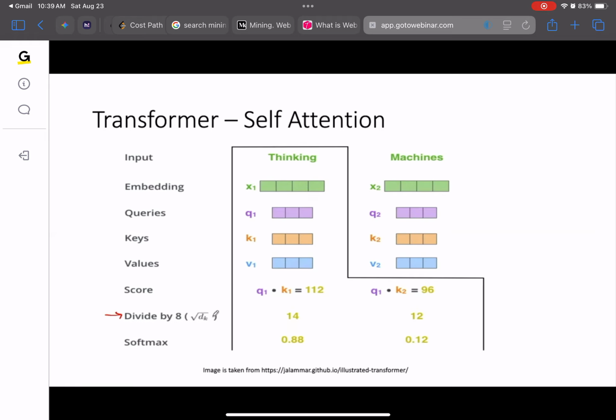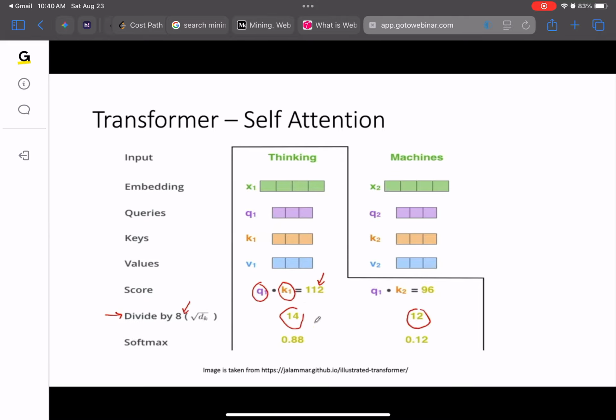Here it's 112, but let's say it is pretty large, because there is no constraint on the magnitude of these vectors. So in order to bring it down, we divide by some constant. Once we do that, we have some scores that are generated.